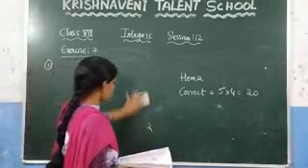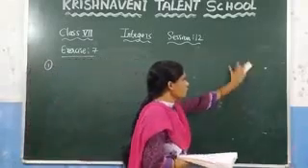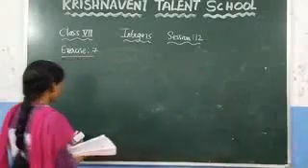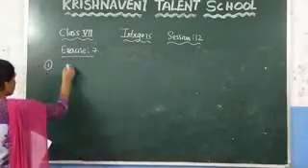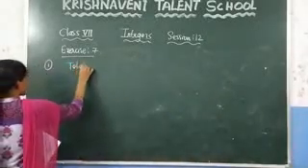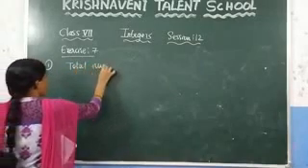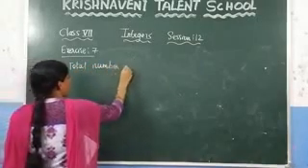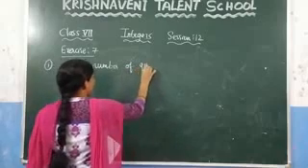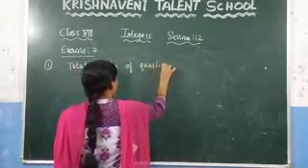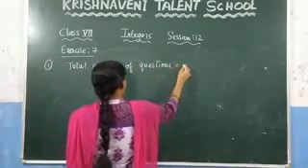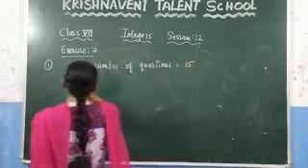Now write this answer. So how can we write this one? The total number of questions. How many total number of questions are there? 15.